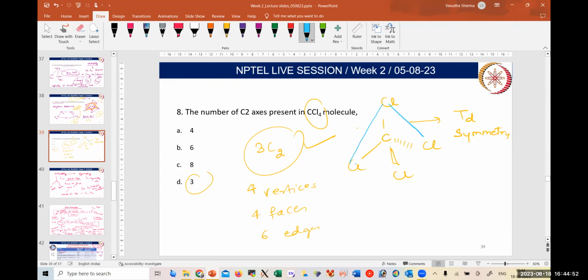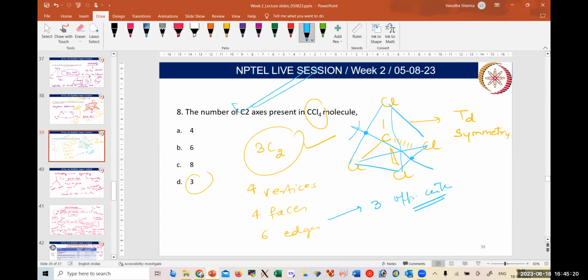The ones highlighted in blue are the 6 edges. If I take one edge and the opposite center, it will invert; it will have that C2 over there, a 180-degree rotation. So 6 edges means 3 opposite pairs will be there, and therefore 3 C2s. So this question is also done.